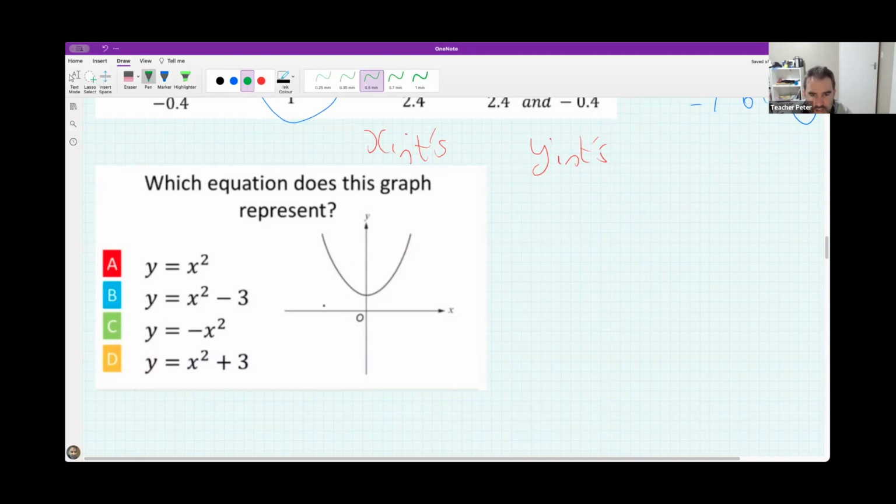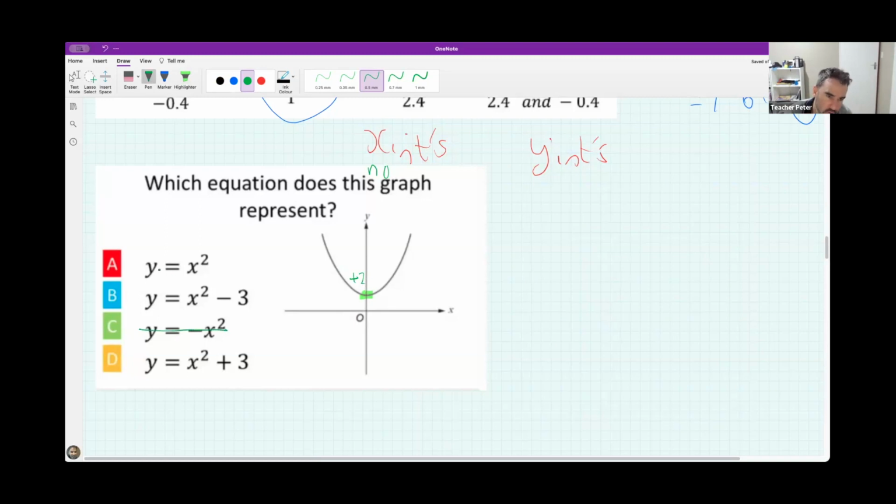So what I've realized is this doesn't cut the x-axis. So actually, there are no x-intercepts for this. But now when I look at the y-intercept, what I do notice is that it's above the x-axis. So that helps me understand that this must be a positive value. If I was guessing, maybe it's like +2 or +3, or who knows, but it must be a positive y-intercept.